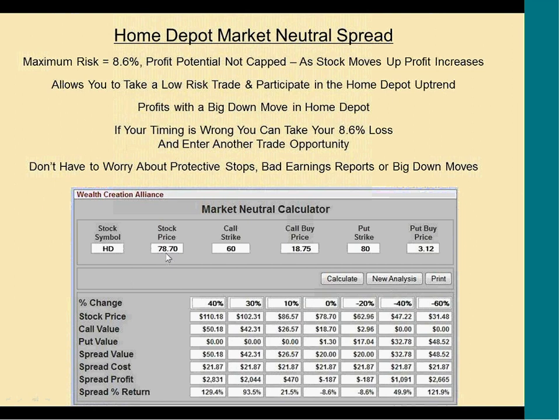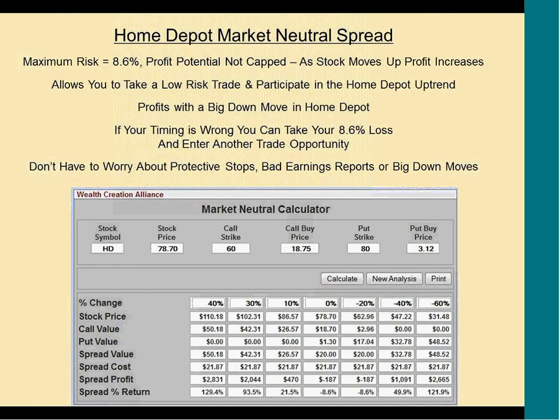So you see that if Home Depot stock is flat or declines slightly, the maximum loss would be 8.6% for this spread. Even so, the maximum loss is 8.6%. You can see if the price of Home Depot stock increases, that profit potential is not capped.